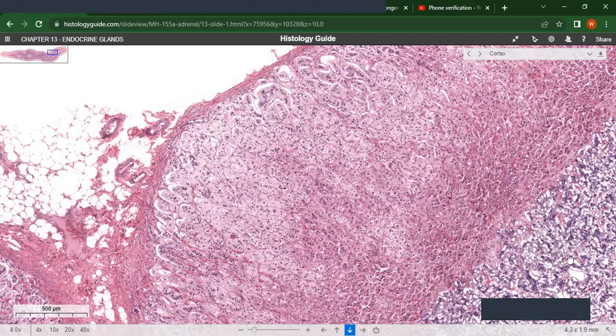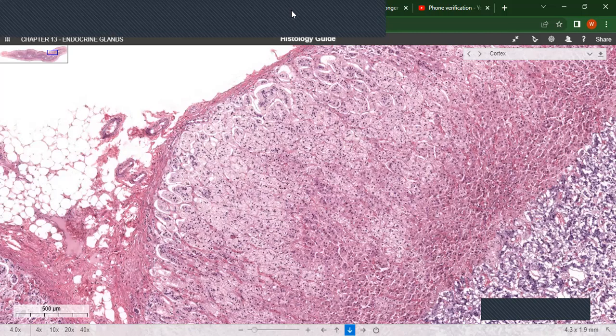You can also find ganglion cells. The chromaffin cells produce catecholamines, the epinephrine and norepinephrine, in response to sympathetic stimulus. With that, I've come to the end of the histological organization of the adrenal gland. It is also known as the suprarenal gland.